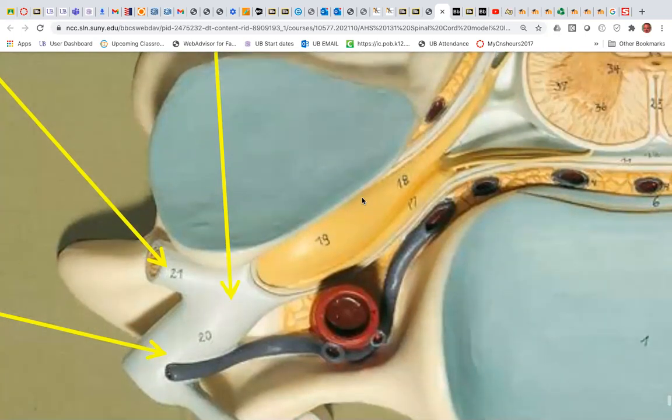And this is why I said if you have a disc herniation and the disc is bulging out or herniating out, and it hits and pushes against number 17, which is a motor neuron, right? It's a ventral neuron or ventral root. If this gets pinched or compressed, there's going to be motor weakness or muscle weakness.